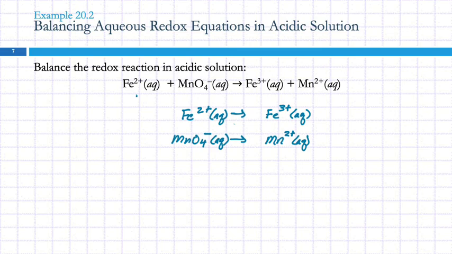This is an aqueous solution, it's happening in water. There's water all over the place. Usually water doesn't take part in the reactions, but in redox reactions it sometimes does. So I'm going to add water to balance oxygen, H2O on the other side. To balance the 4 oxygens, I'm going to need 4 water molecules, right?